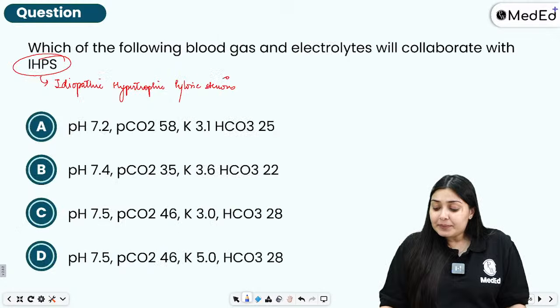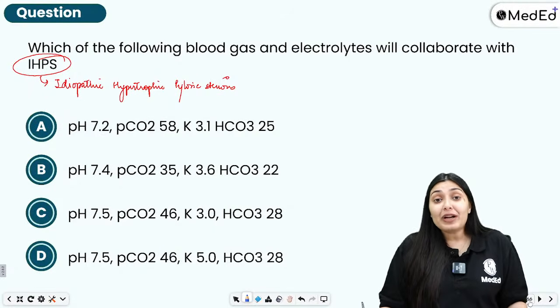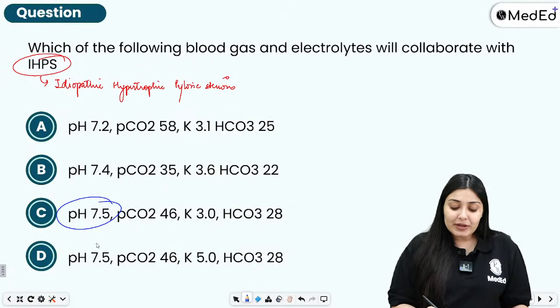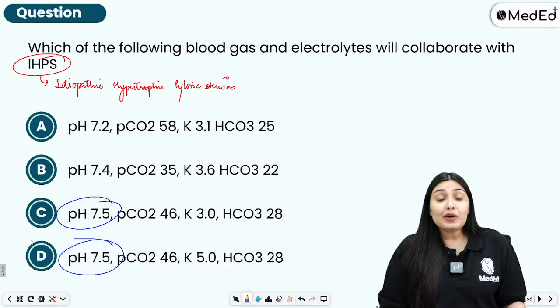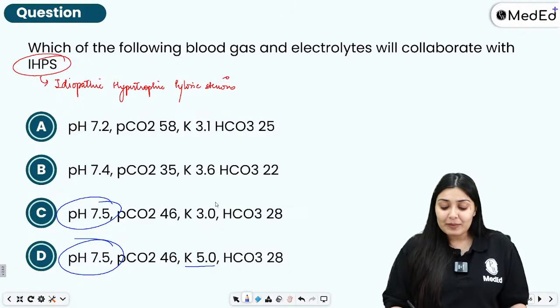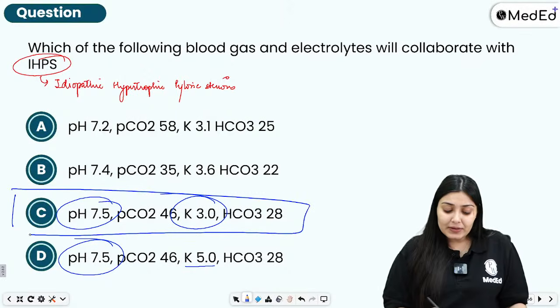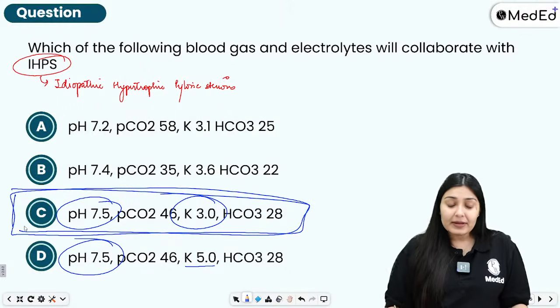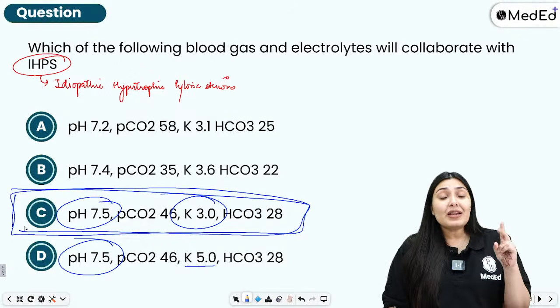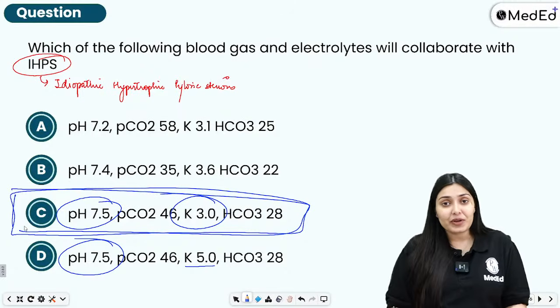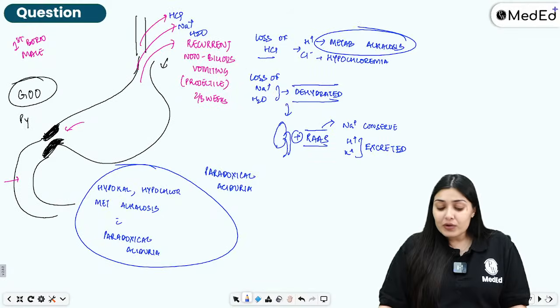So let's see which of these fits. We know there is going to be metabolic alkalosis. So alkalosis are these two options. Then I know there is going to be hypokalemia. This is hyperkalemia, this is hypokalemia, right? So the correct answer would be option C. There is hypokalemic, hypochloremic metabolic alkalosis with paradoxical aciduria. Right? This is about CHPS.